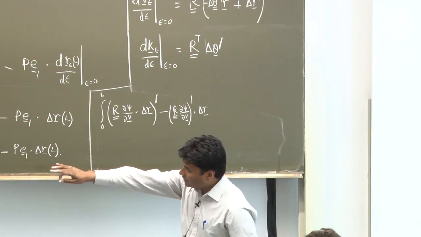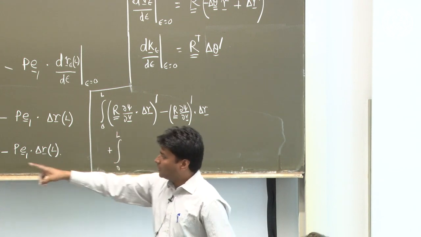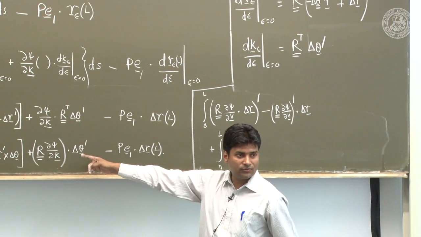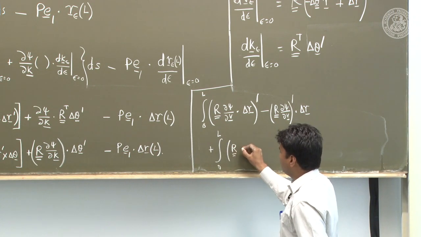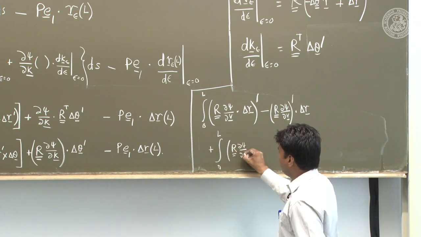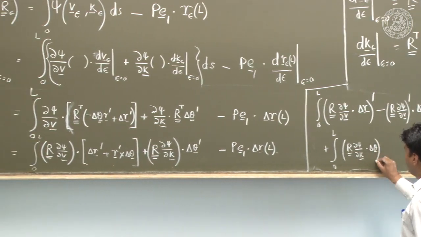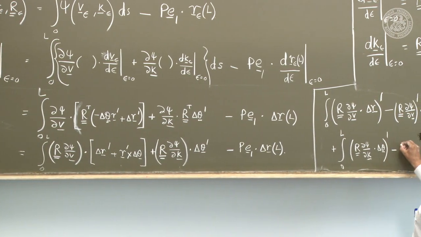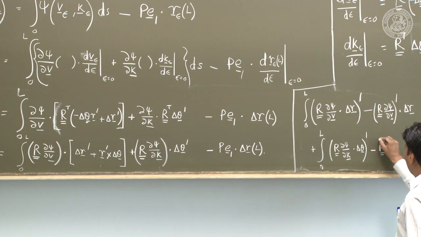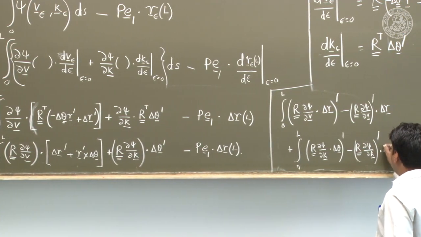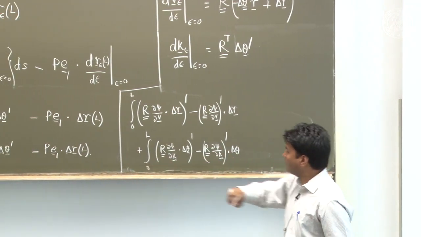Then we look for the delta theta ones, plus the integral from 0 to L. Here also we got a prime, so we want to transfer it in the same way. So this becomes R del psi over del k dot delta theta, prime, minus big R del psi over del k, prime, dot delta theta. But this is not done yet. There is something more.